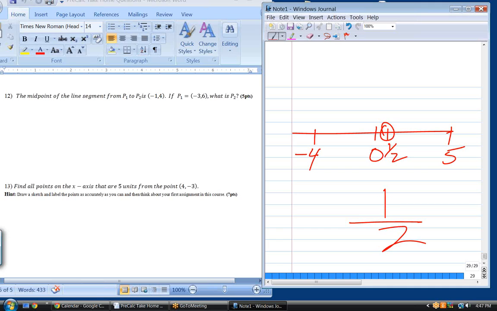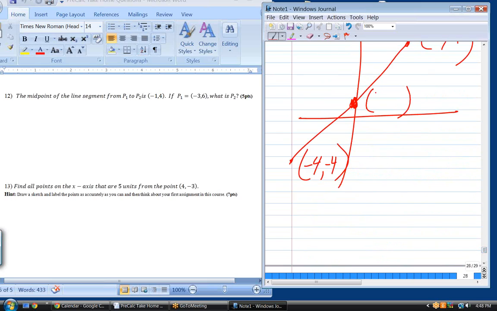It's got to be between -4 and 5, and it's got to be halfway in between. It just so happens that the way you find the halfway point is to add the 2 numbers and divide by 2. So plus 1/2 is the x coordinate.